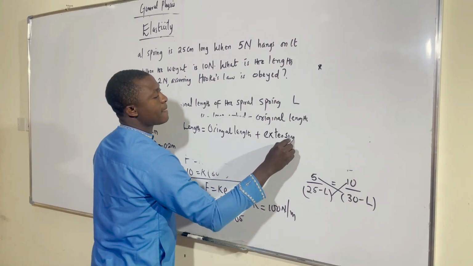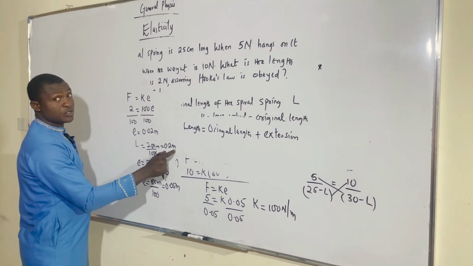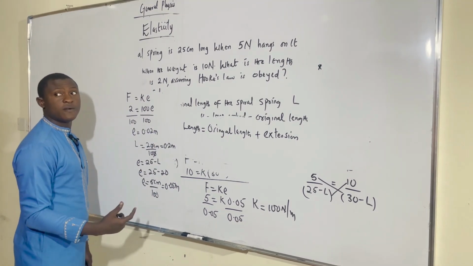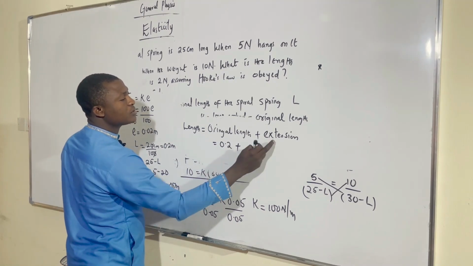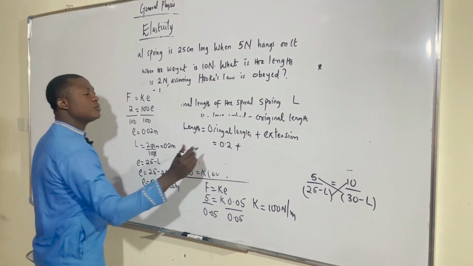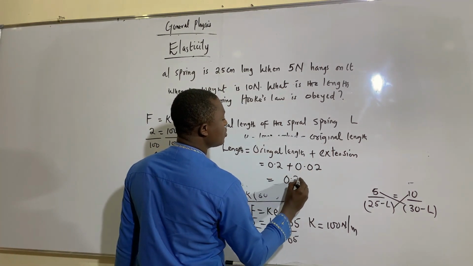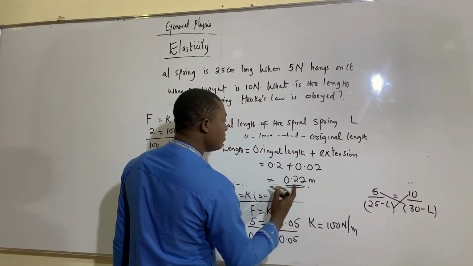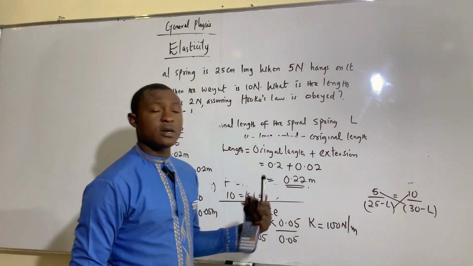From the data, our original length is 0.2. It's 20 centimeter, but we have to convert that to meter. We have 0.2, then plus the extension that we want, which is 0.02. By adding this together, we are going to have 0.22 meter. So that's what we have for the new length. That's all we have for this Hooke's law.